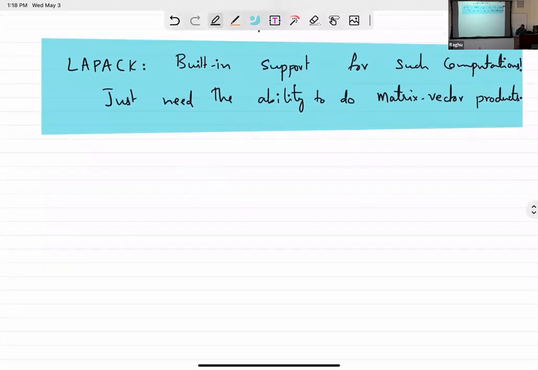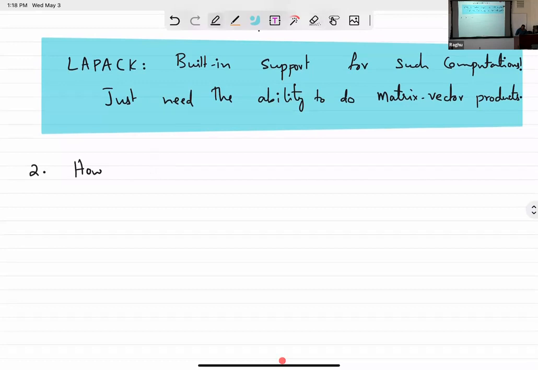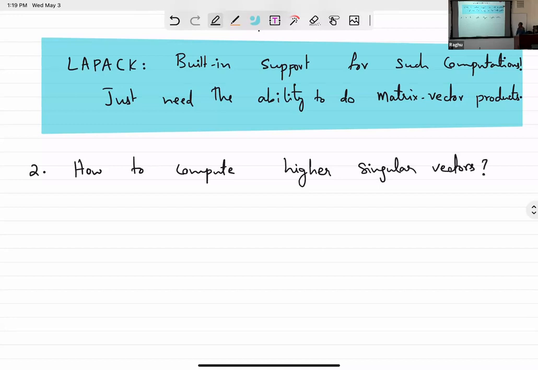This is an important thing in practice that you have to exploit in many scenarios. And then let's come to the next question, right? How to compute... Well, there are two approaches.